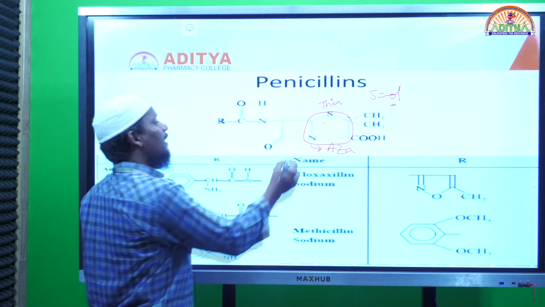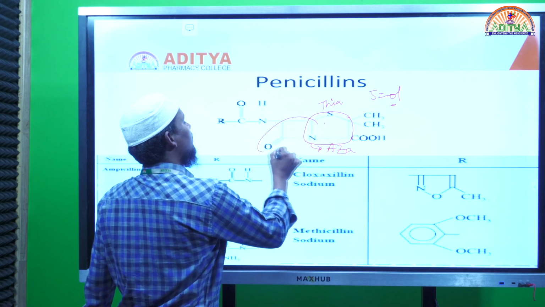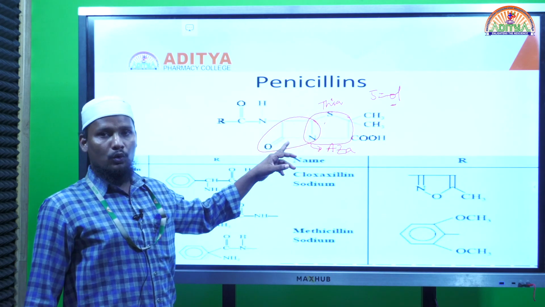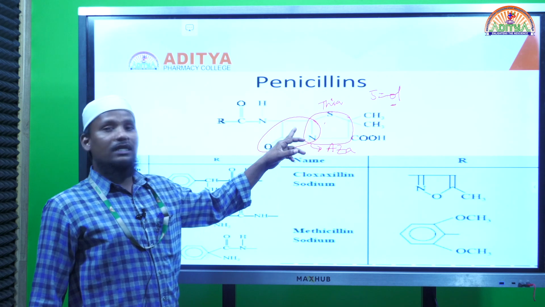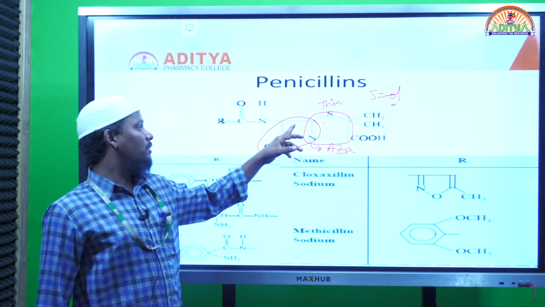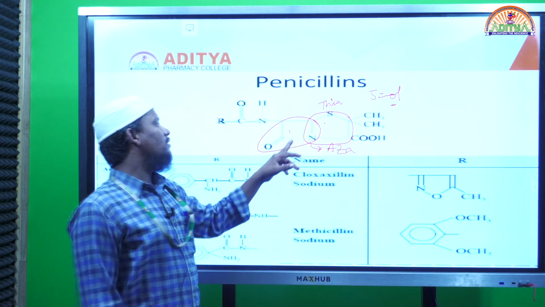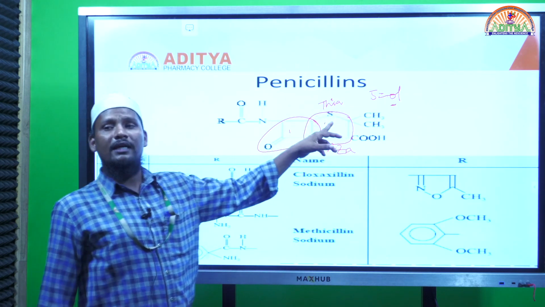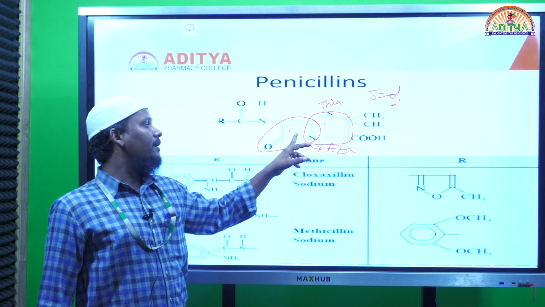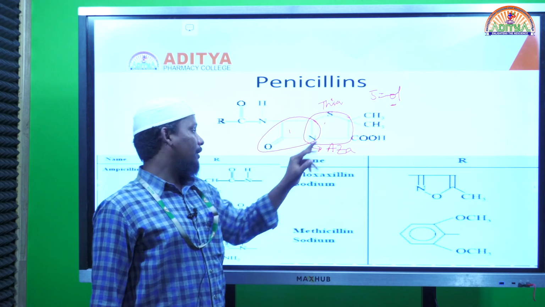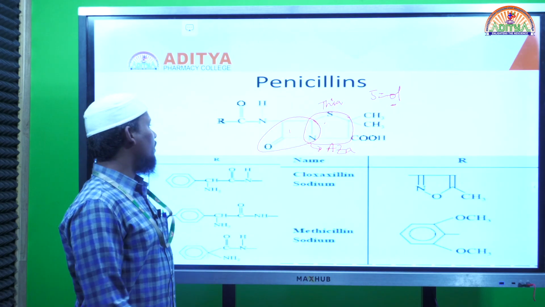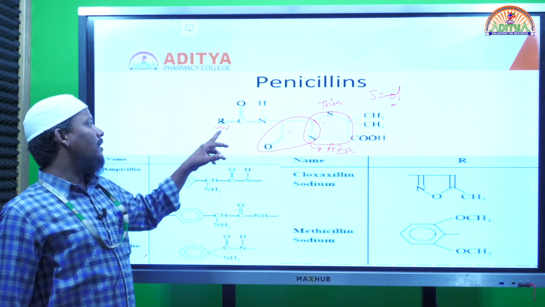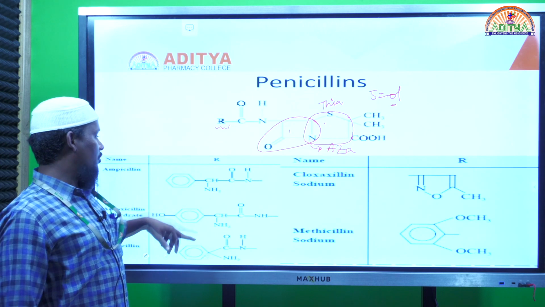And this is the beta-lactam ring, the 4-membered ring which contains a ketonic functional group. So penicillin mainly contains a thiazole ring and a 4-membered lactam ring. Okay, so here we are introducing an R. R means we can replace it with different functional groups.